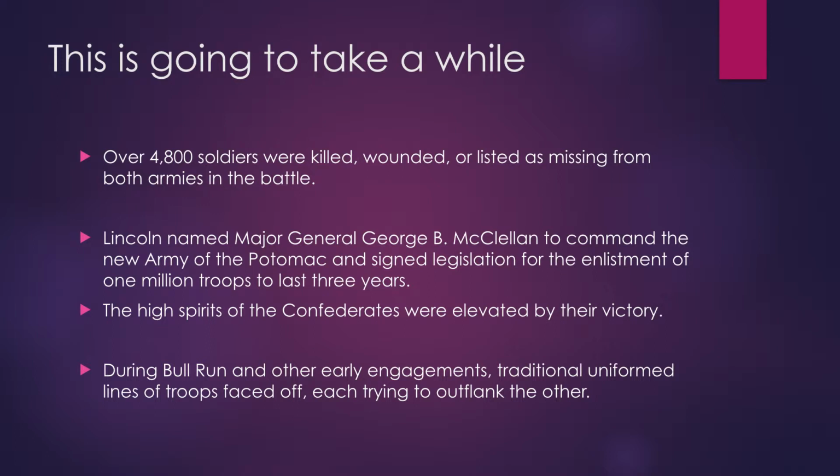The spirit of the Confederate soldiers was elevated by this victory. For the North, though, which had supremacy in numbers, it increased their caution. 7 long months passed before the North, under McClellan, would fight again. Meanwhile, Abraham Lincoln is becoming more impatient as to the timidity of his generals.